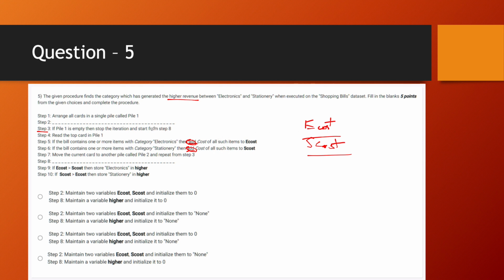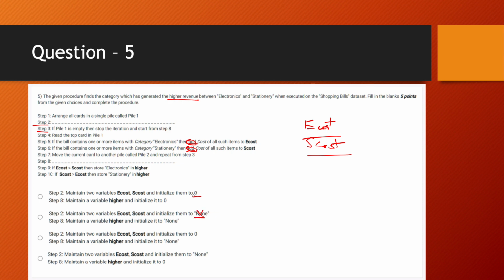So which means that in step 2 we have to initialize the value of E cost and S cost such that they can add values into them. So what sort of initialization can we do that can start from a zero number and then keep on adding to it? Well, you can only add an integer to 0, because we cannot add them to a none value.